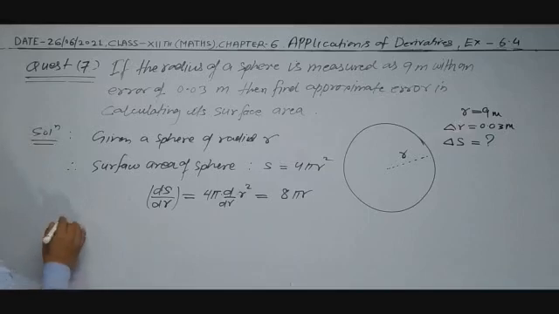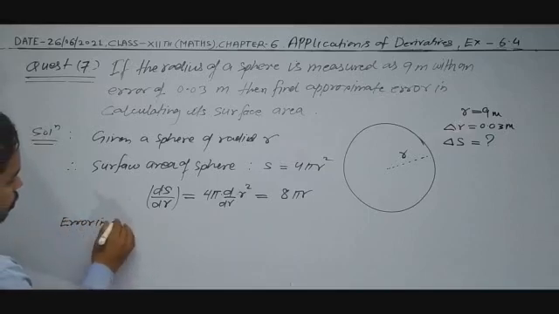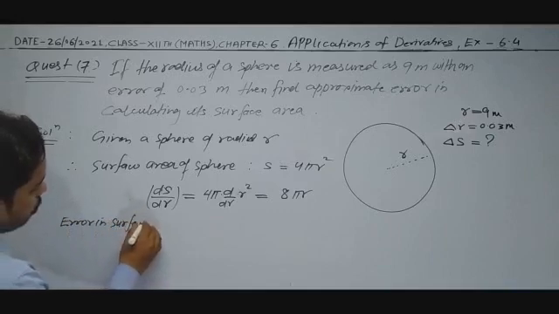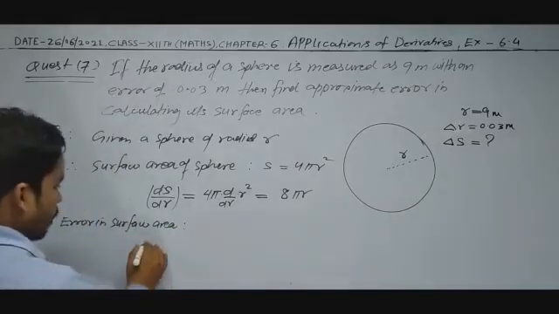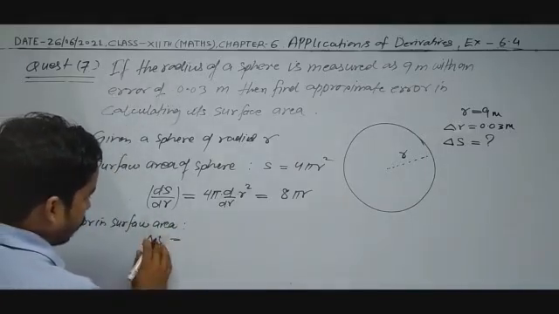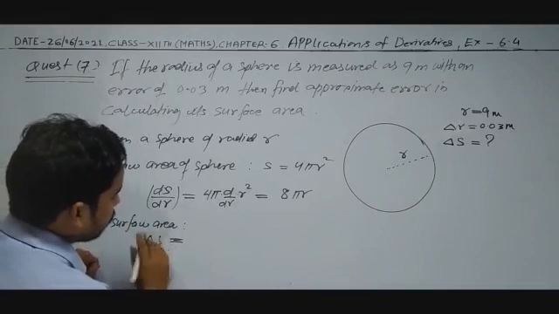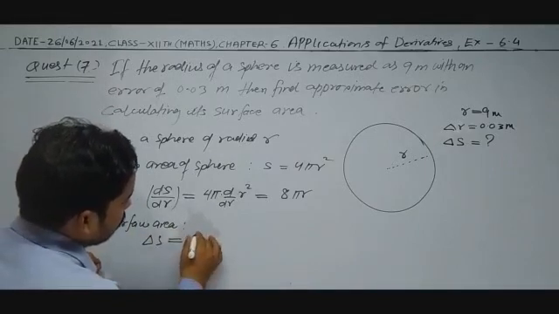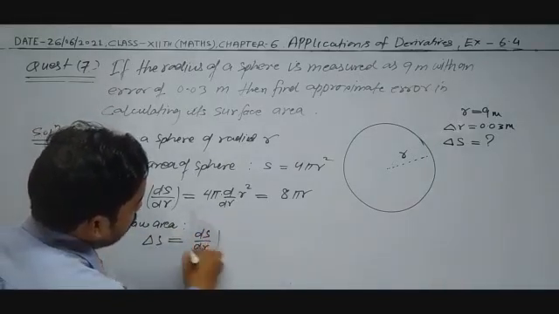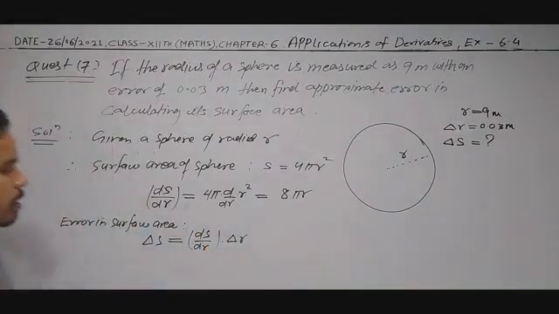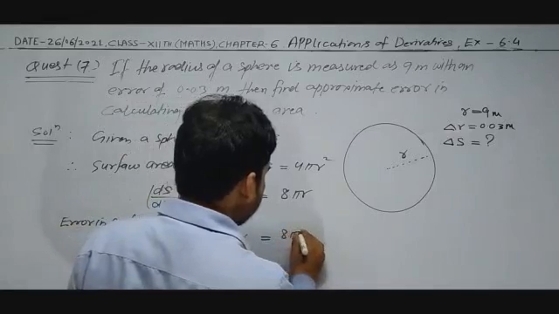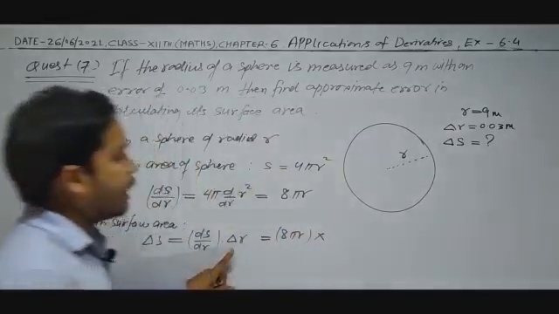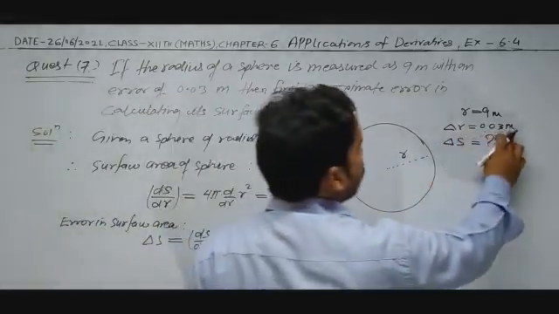Del s means the error in surface area, that is del s is equal to ds upon dr times del r, and ds upon dr, you know, this is 8 pi r into del r, and the result is 0.03.